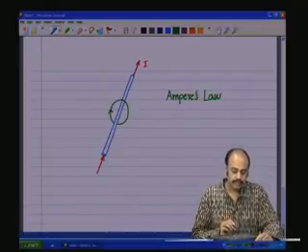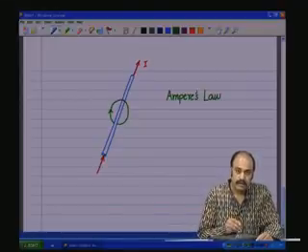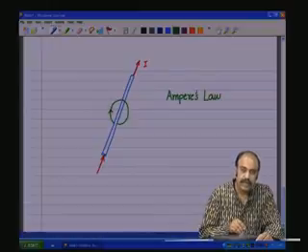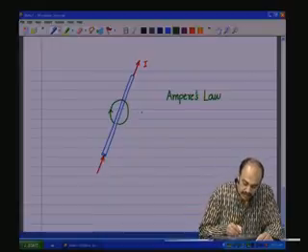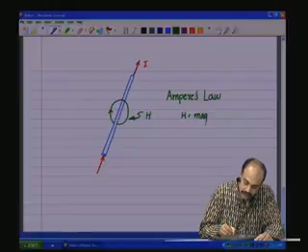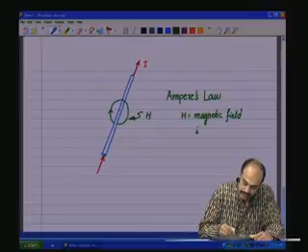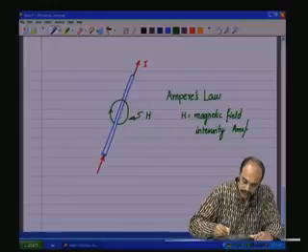What does Ampere's law state? If there is a current carrying conductor, then that will create a magnetic field around the conductor as shown here of some intensity H. H is the magnetic field intensity. This is in amps per meter.